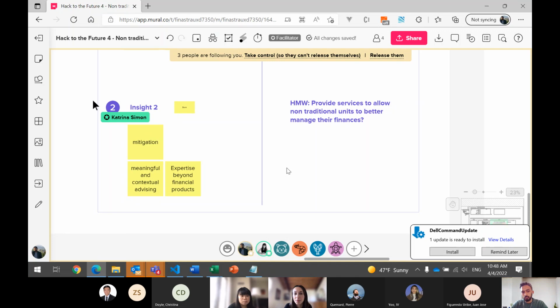So I think that's something to keep in mind too as we think about this, right? So maybe it's about non-traditional accounts or non-traditional ways of supporting parents that don't have access to finance.